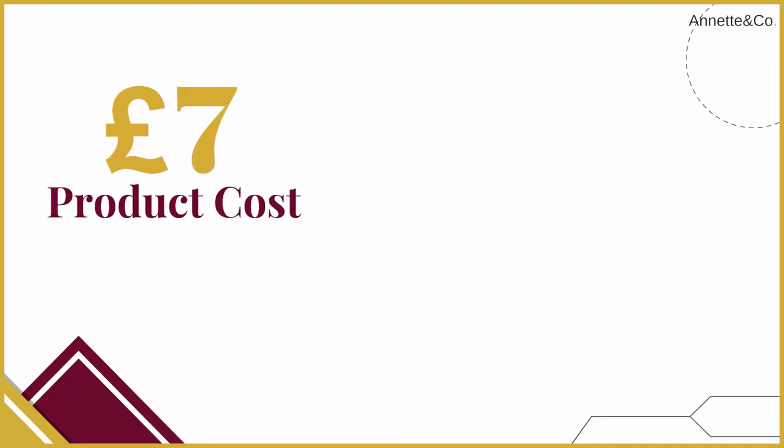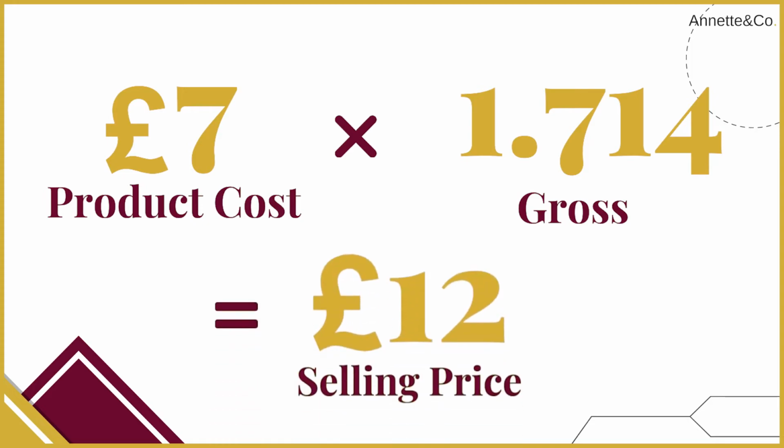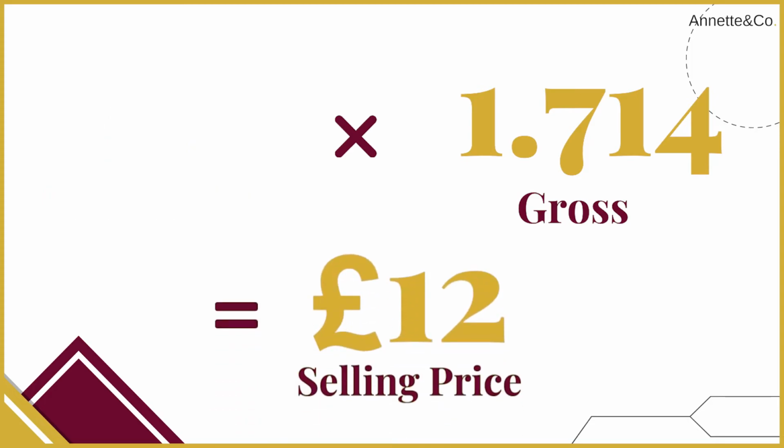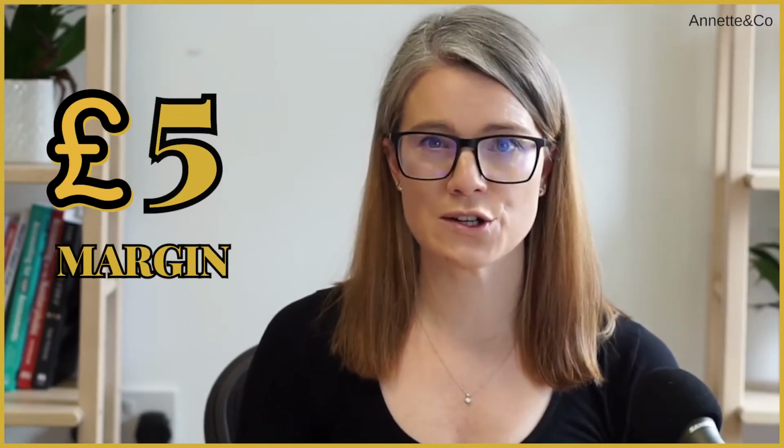So when we multiply our £7 by 1.714, so that's just turning it into a grossed up version, 100% plus the 71.4%, what we get is that £12 selling price. And the difference between the £12 selling price and the £7 cost is our £5 margin.